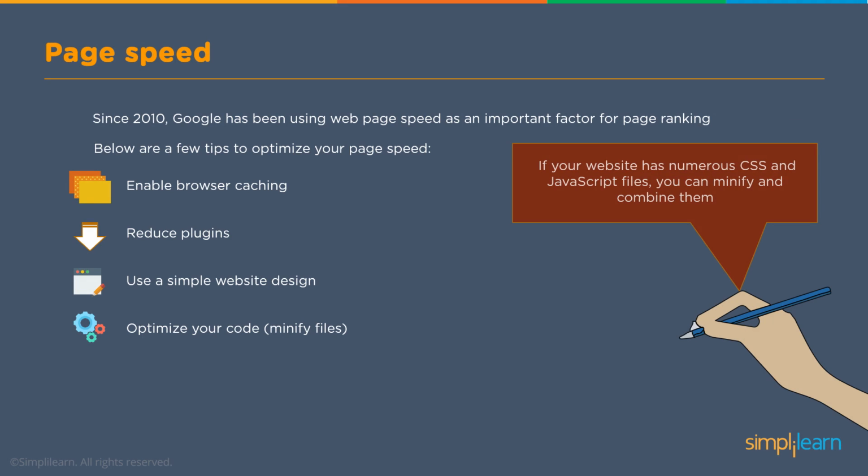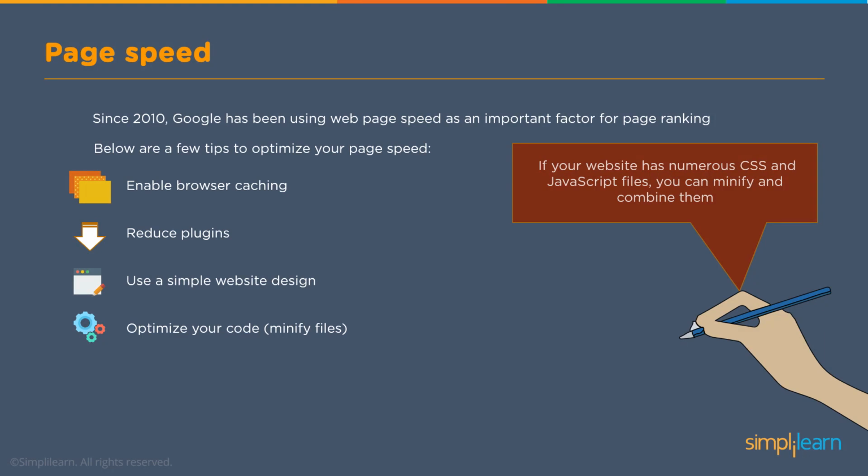So if your website has numerous CSS and JavaScript files, basically minify and combine them. And that's what we're talking about there. You don't necessarily need a lot of JavaScript on your page. You can leverage Google Tag Manager or other features that help minimize the number of JavaScript files you have.